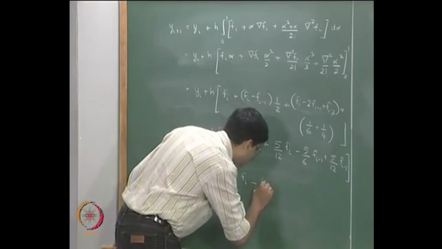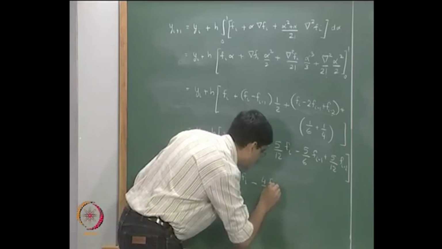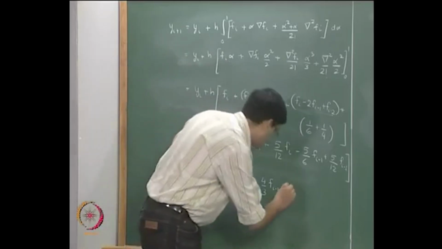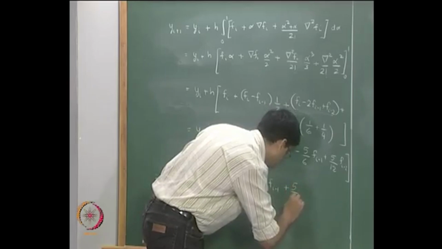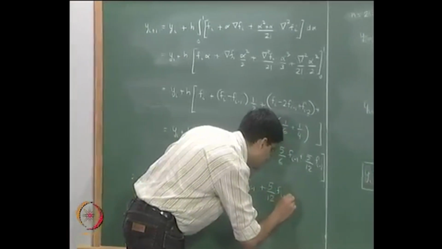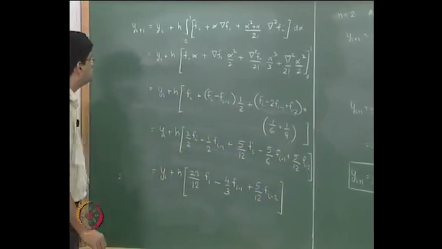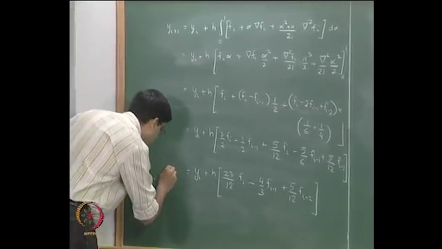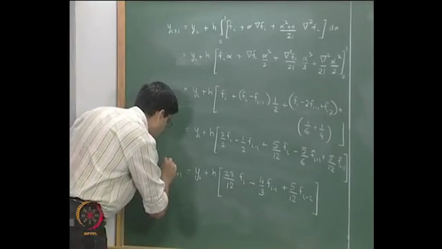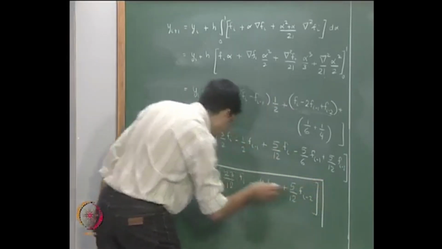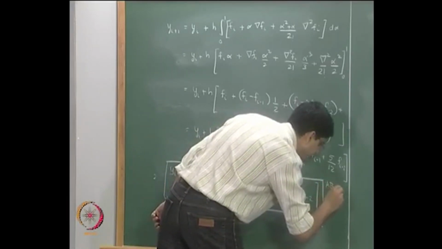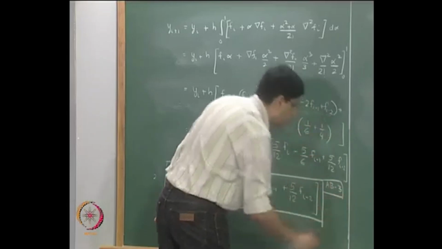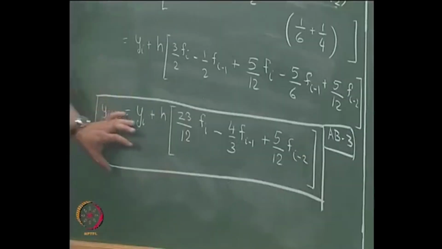So, that will be 4 by 3 fi minus 1 plus 5 by 12 fi minus 2, and this is going to be our Adams-Bashforth third order method. Okay. So this is the result for Adams-Bashforth third order method.